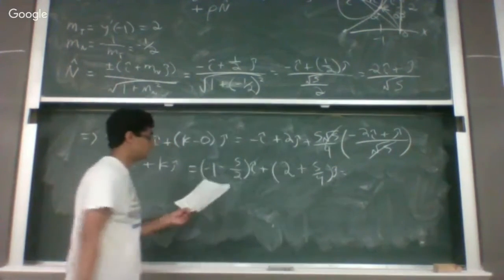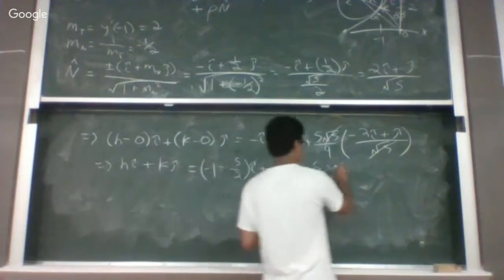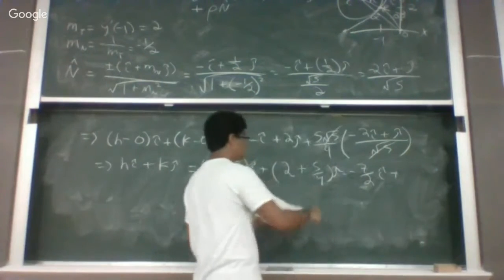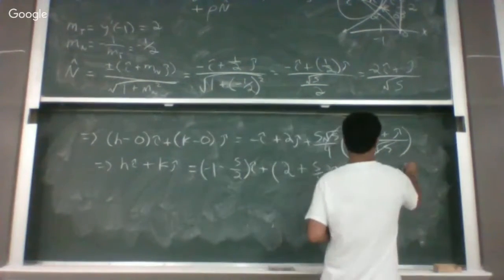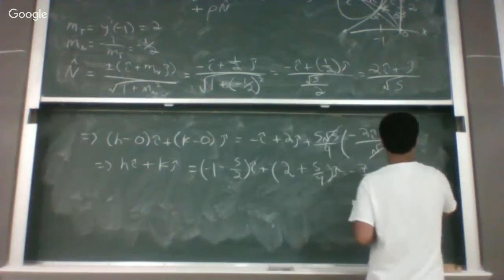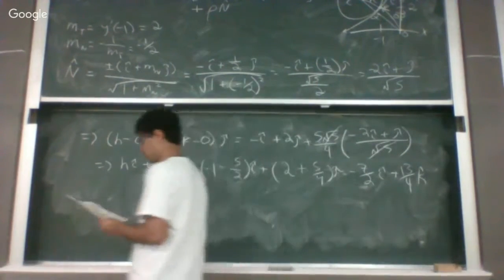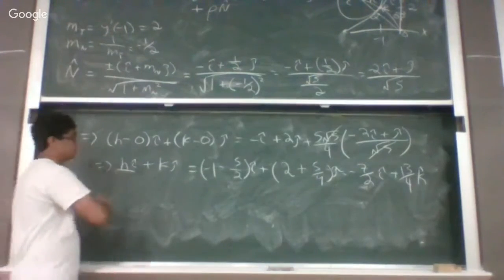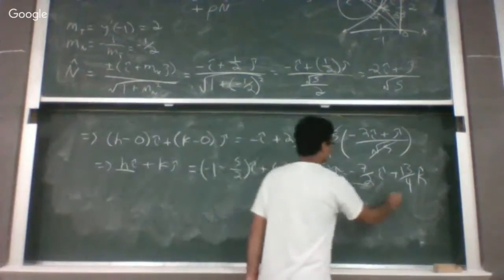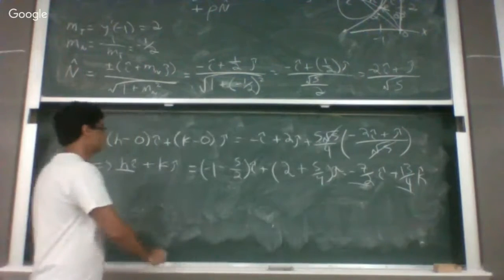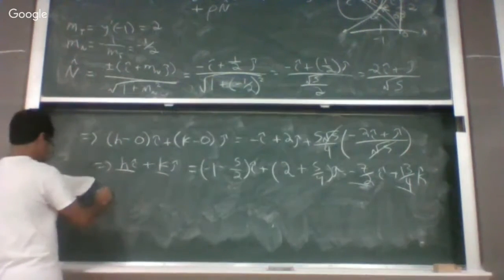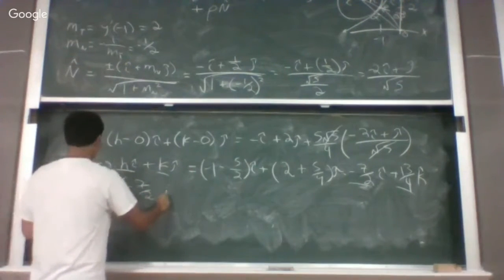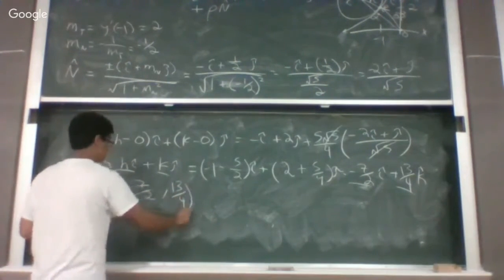So -1 minus 5 halves is -7 halves i, plus 2 plus 5 fourths is 13 over 4 j. Okay. So equating the common terms, our h is -7 halves, and our k is 13 over 4. So then our center is -7 halves, comma 13 over 4.